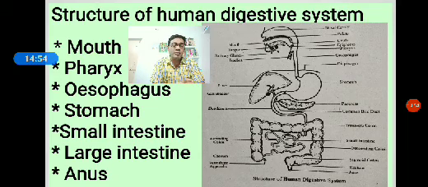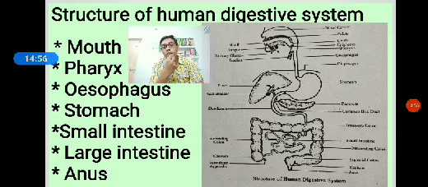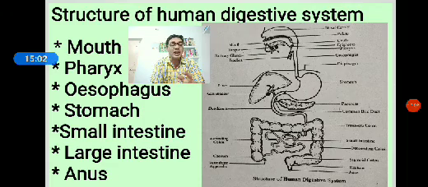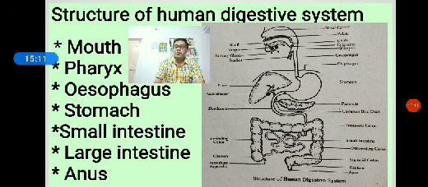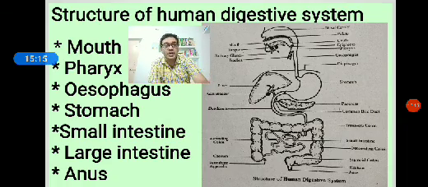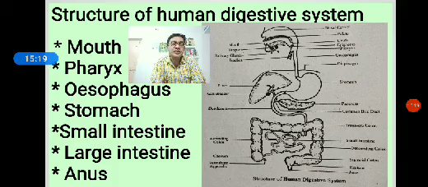The alimentary canal begins with an anterior opening called the mouth, and ends with a posterior opening called the anus. The mouth leads to the buccal cavity or oral cavity.